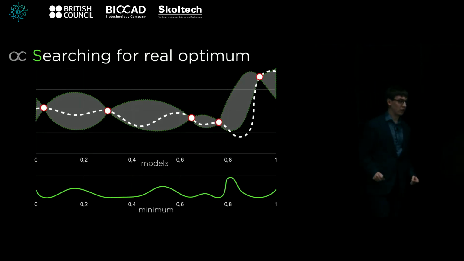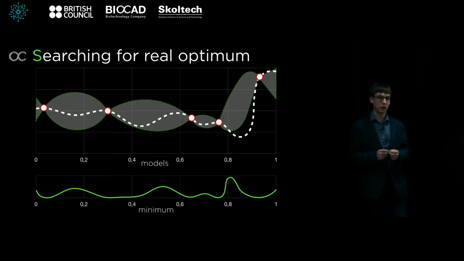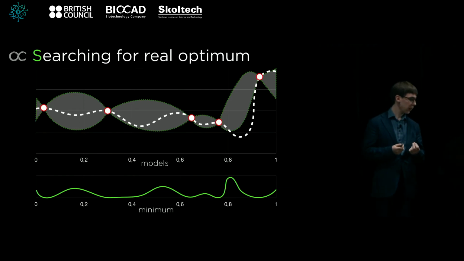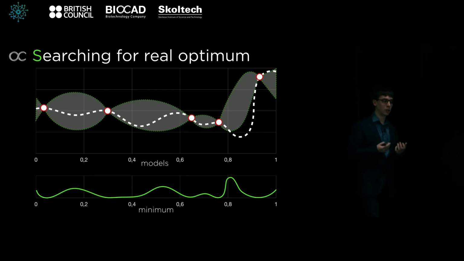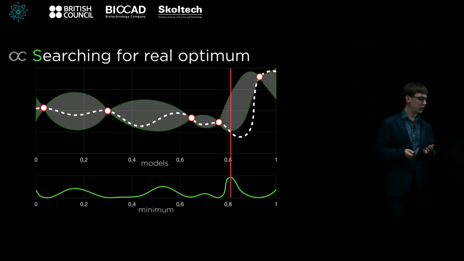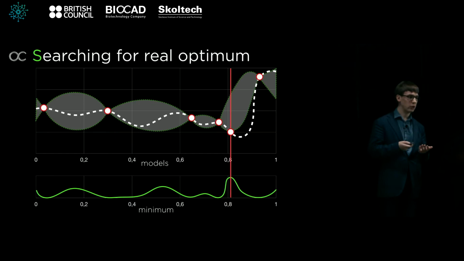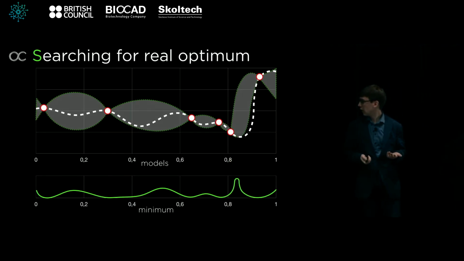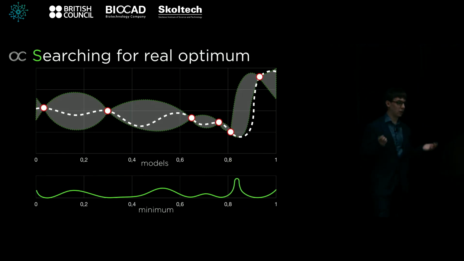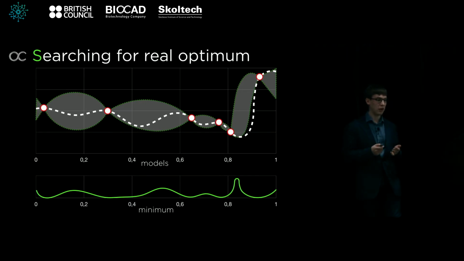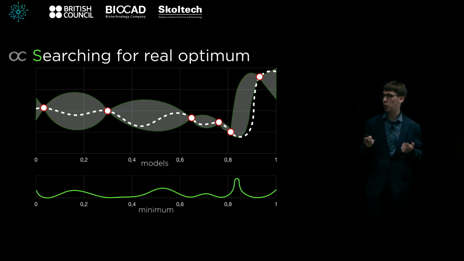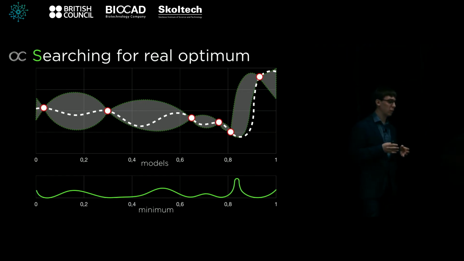But what we have now, using this point, we can retrain our models and have a new probability distribution with a shifted peak. So we can choose the next point and characterize it by in silico or in vitro assays. The more points we have, the sooner we will come to some optimum.